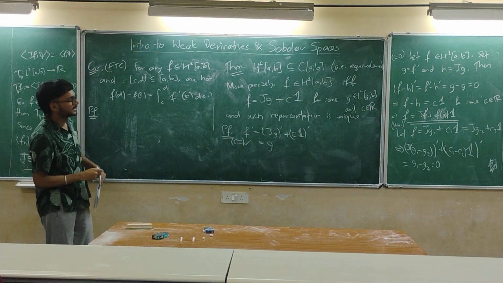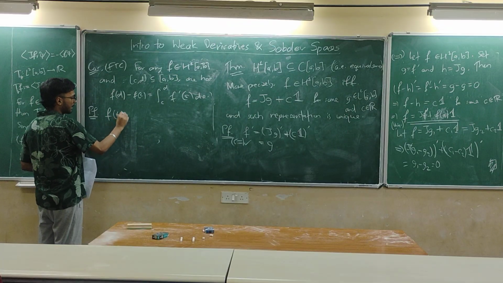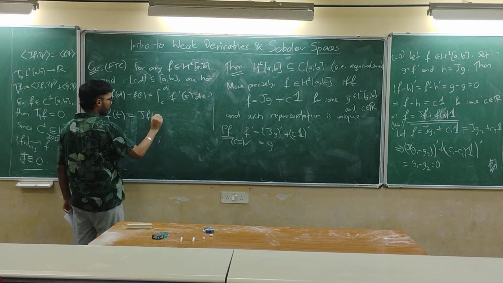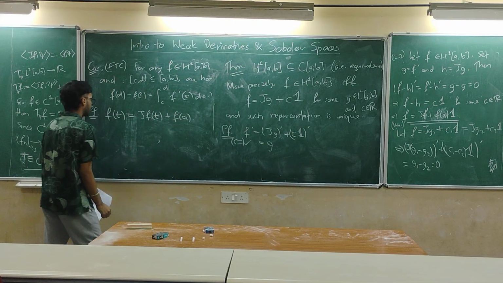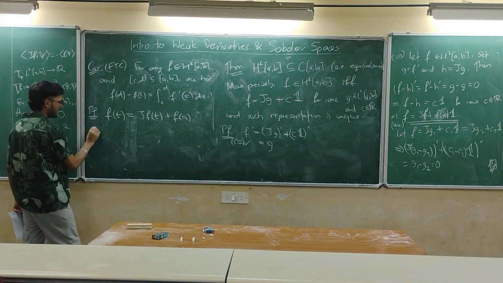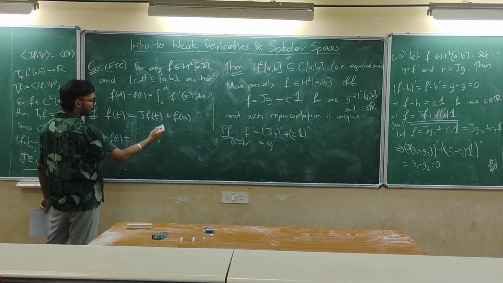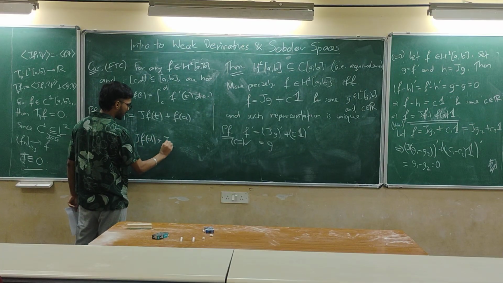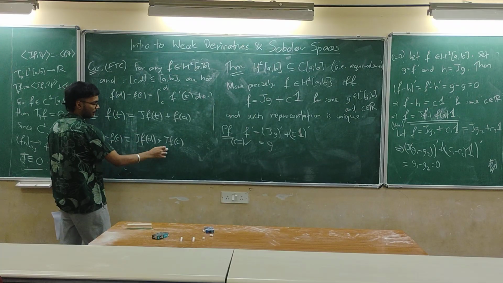Proof: we use the previous theorem to write f uniquely as the integral of f prime plus f of a. Correct? So the left side is basically f of d minus f of c. The f of a term cancels out, which leaves the integral of f prime from a to d minus the integral from a to c.